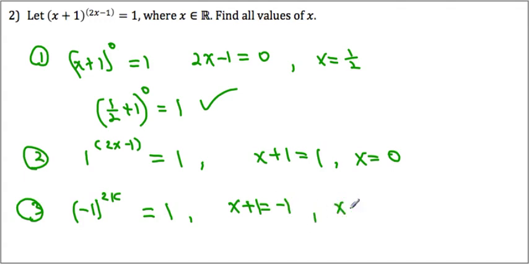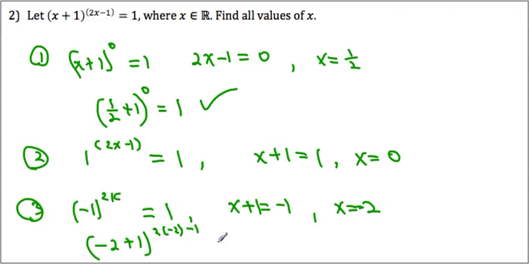That means x equals negative 2, my bad. So negative 2 plus 1 to the 2 times negative 2 minus 1.